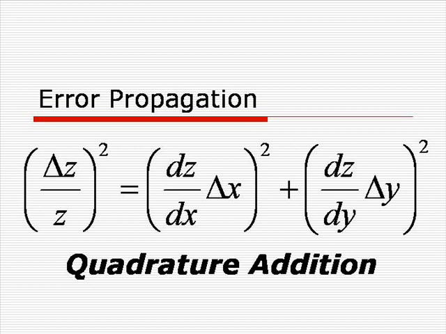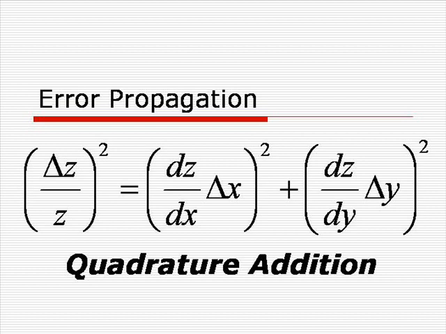Therefore, if we add in quadrature, we find that the total error in z squared is equal to dz dx times delta x squared plus dz dy times delta y squared.